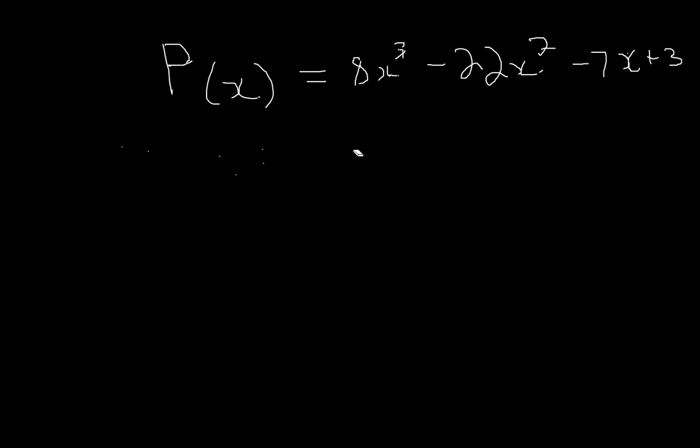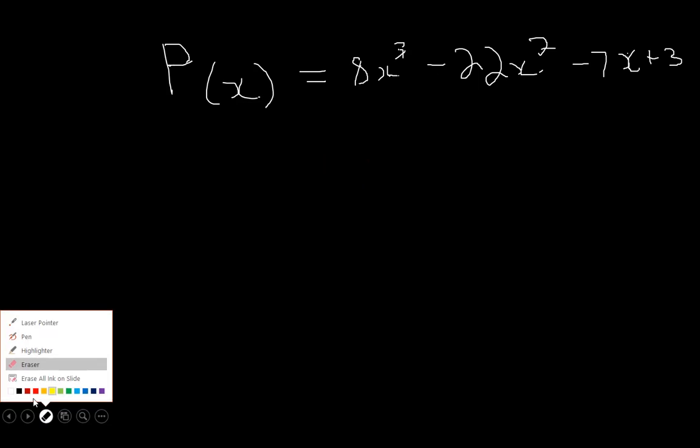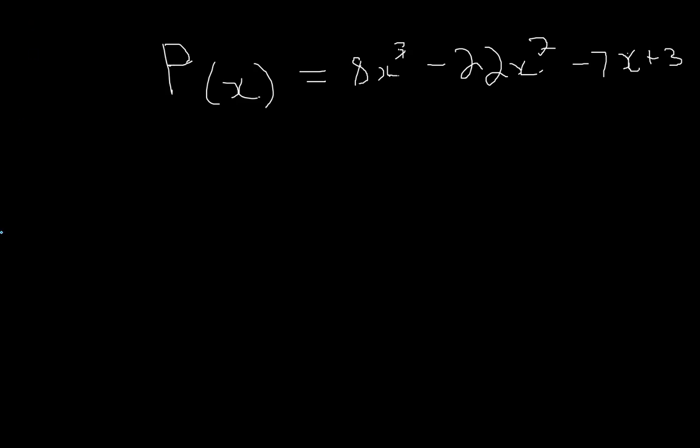So why I said this is similar to the remainder theorem is because the steps are the same. So step number 1, they want me to find out if x plus 3 is a factor. The first thing you want to do is put your divisor equal to 0, and you'll get a value of x, so x is equal to something.